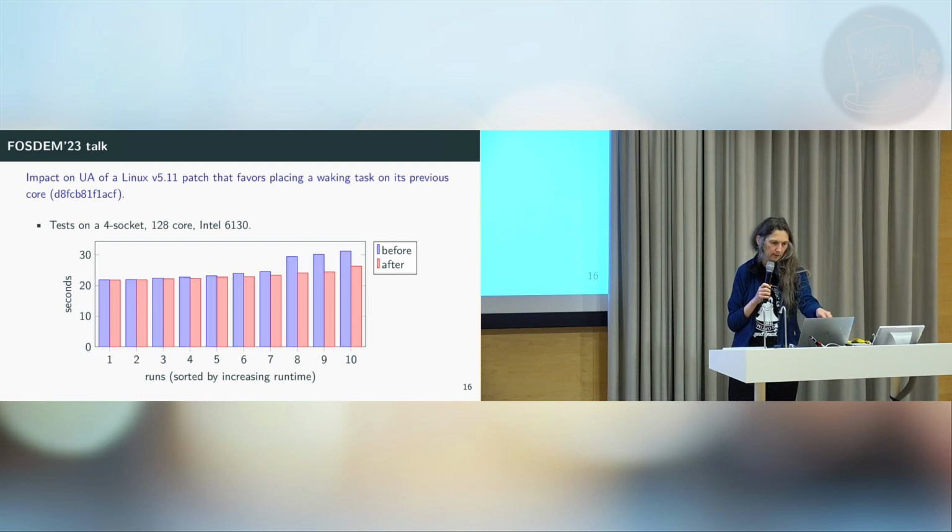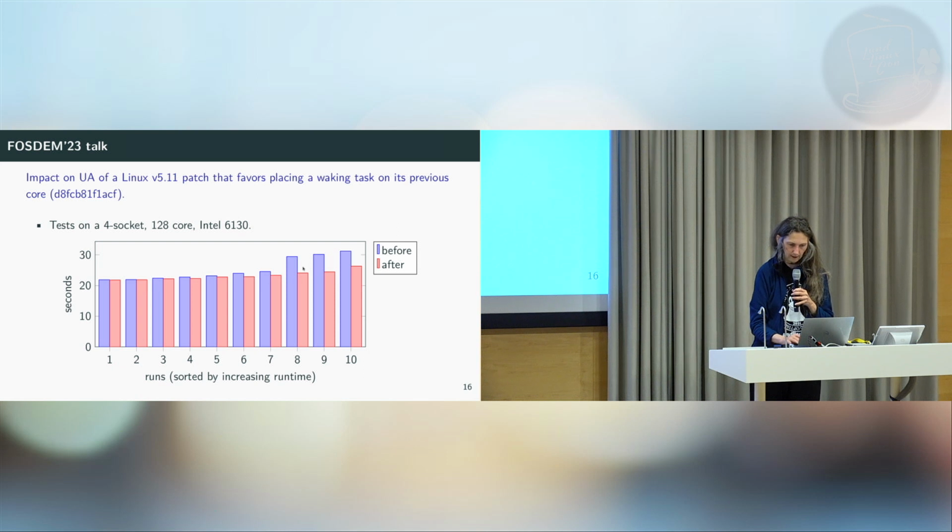Or actually, I made a patch that makes an impact on 5.11, so it's before my patch and after my patch. So basically what you see, if you look at these blue lines, I've sorted the runs by increasing runtime, so they always go up to the right like this. Basically, you can see with these blue lines, in 5.10, we can have good performance, as in these cases.